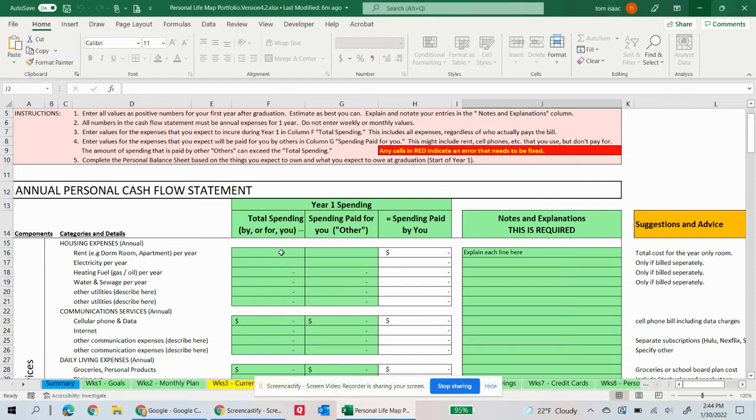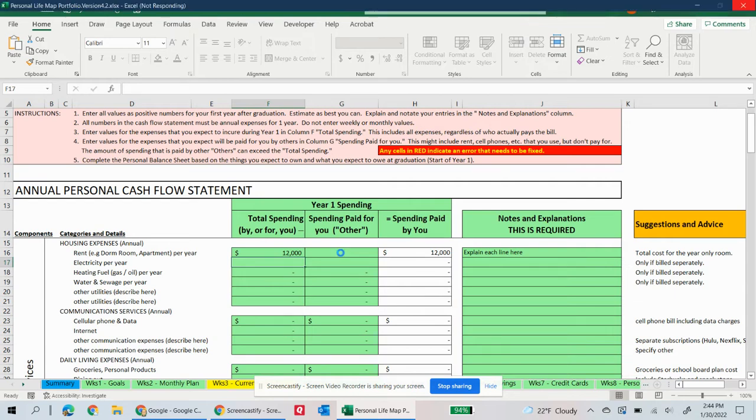Maybe the total amount being paid on rent, let's say your rent was $1,000 a month, you'd put down $12,000 as the rental cost. But let's say your parents have said, we'll contribute $500 towards your rent each month.